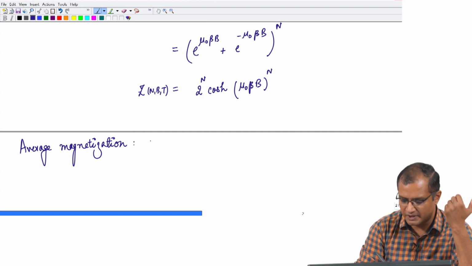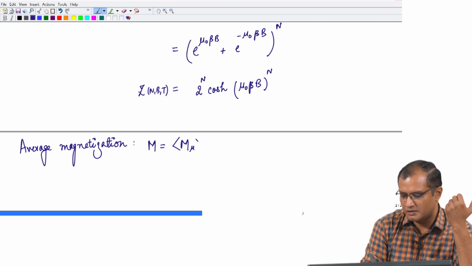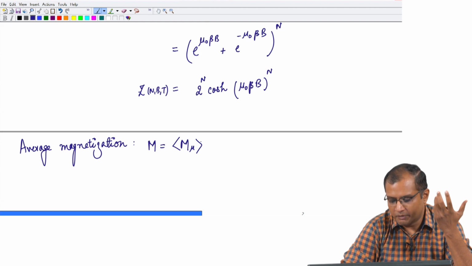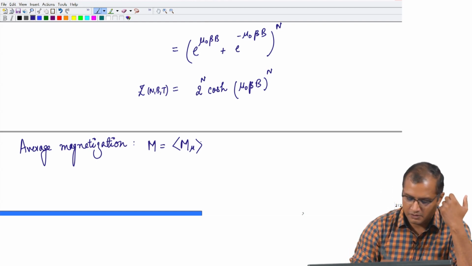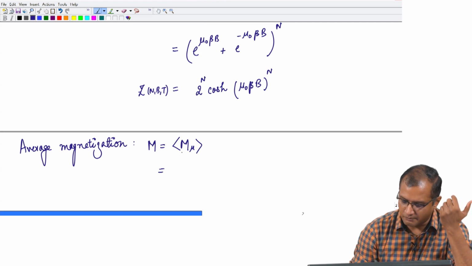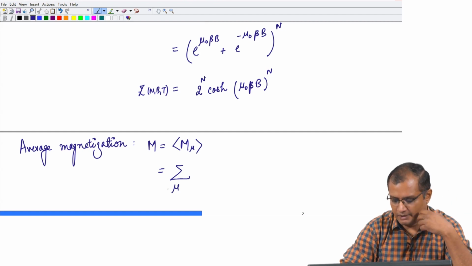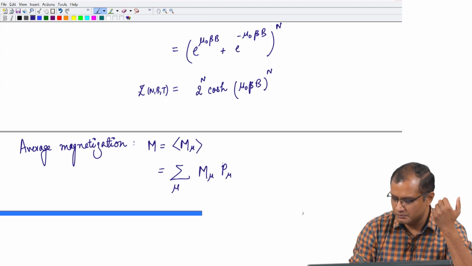If you want to compute the average magnetization, this is nothing but the average of the magnetic moment of each realization or each microstate. You can compute this from statistical mechanics by simply summing over all microstates m mu p mu.